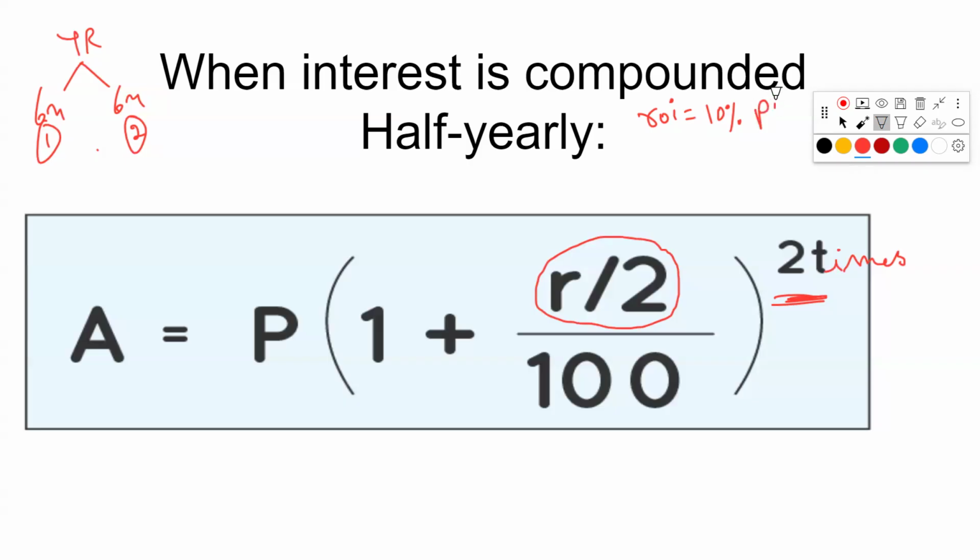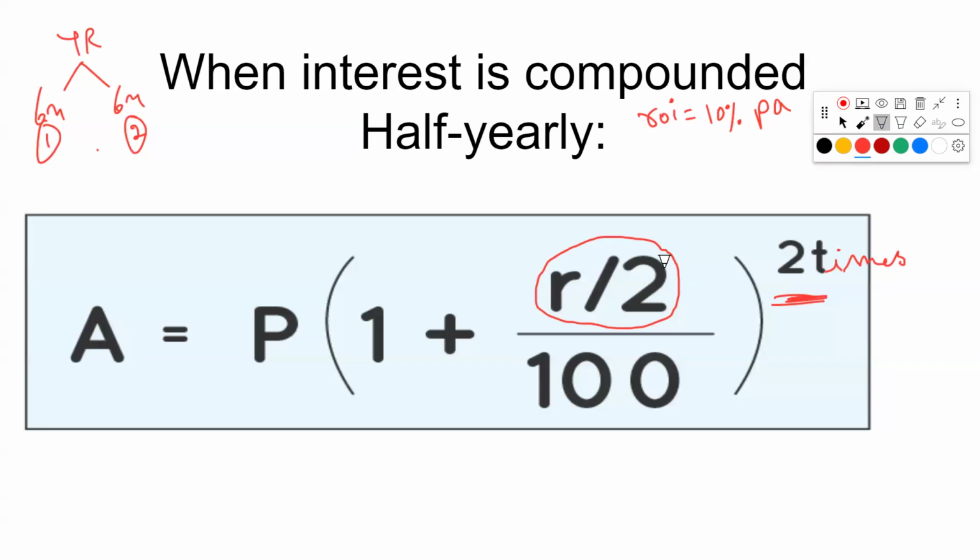What does PA mean? Per annum. Annum means 1 year. So if the rate is 10% per annum, for 6 months it is half. That is the reason why we do rate by 2, because you are calculating every 6 months, right?